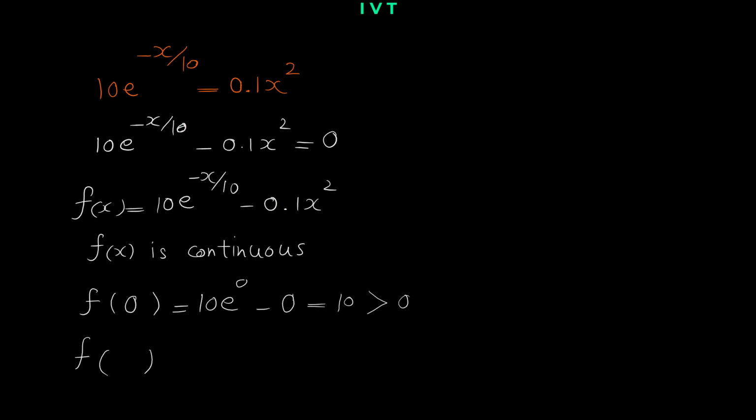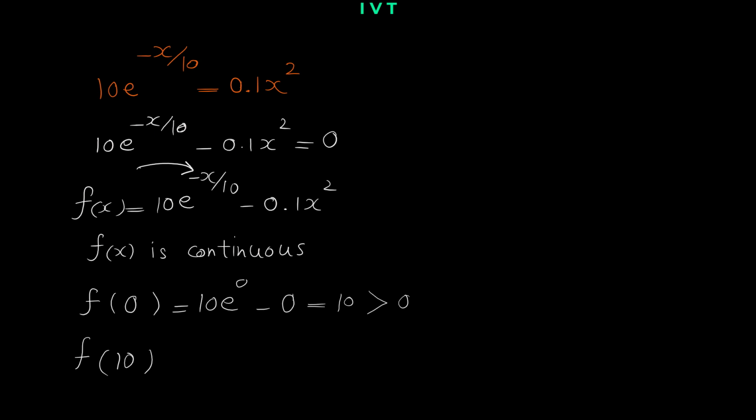You need a number that when you substitute for x here, you don't need any calculator. 10 is a good choice, because if you plug in 10 for x, the 10 in the power and the 10 in the denominator cancel each other. So I'm going to use 10.